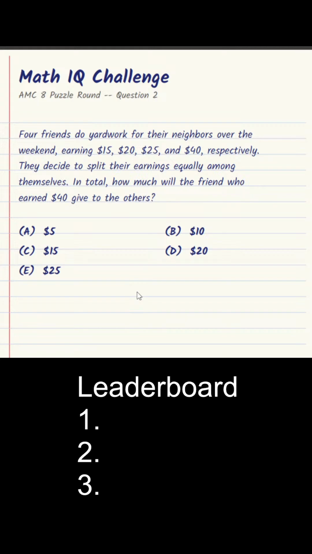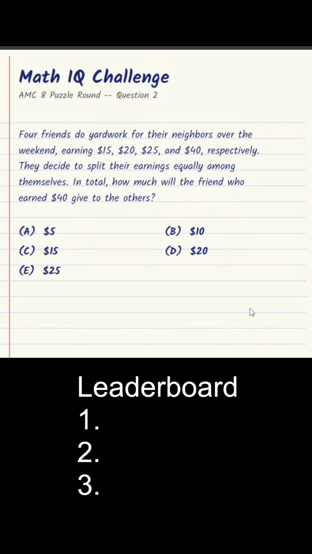So let me read the question once. 4 friends do yard work for their neighbors over the weekend, earning $15, $20, $25, and $40 respectively. They decide to split their earnings equally among themselves. So, in total, how much will the friend who earned $40 give to the others?